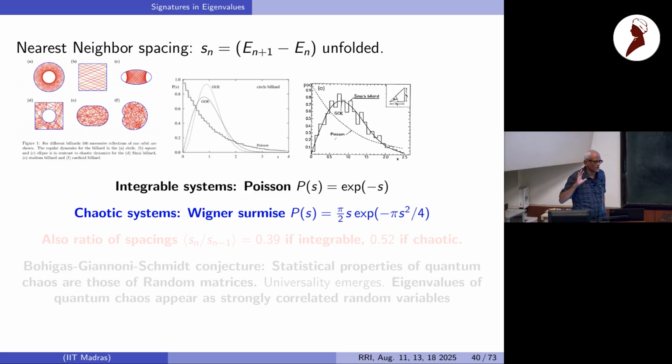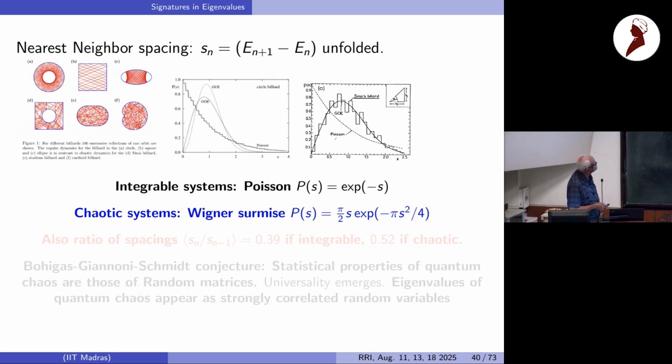Because you can have all kinds of systems, hydrogen atom, whatever, very different kinds of atoms with very different energies, you will want to compare different systems and compare with universal quantities. So one unfolds it so that the mean spacing is 1 unit, and then calculates this. You will find e to the minus s as the distribution for this.